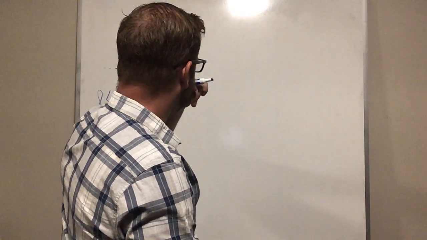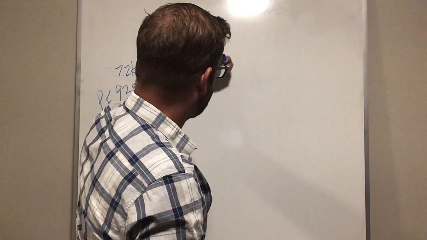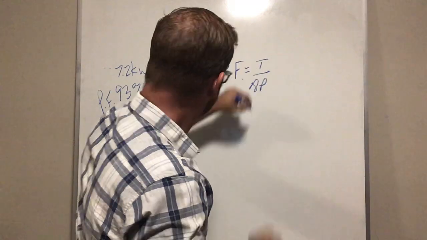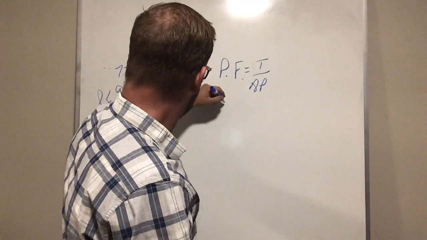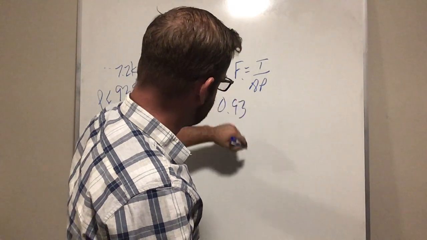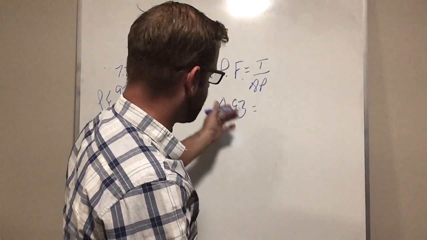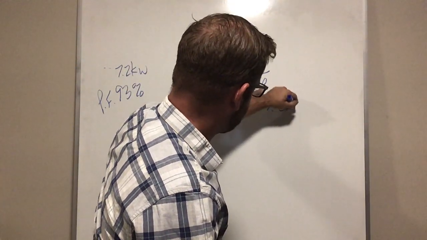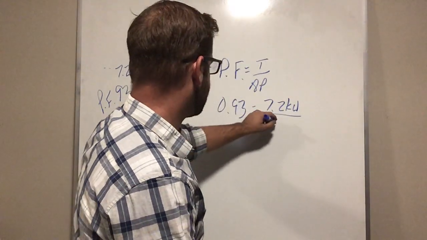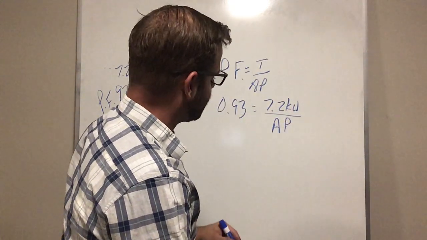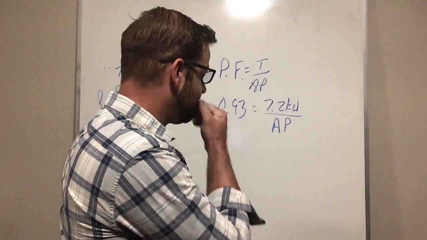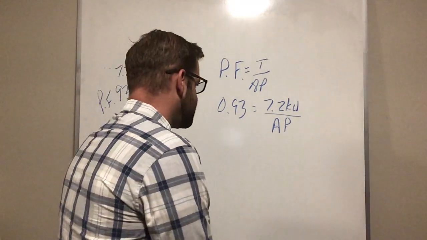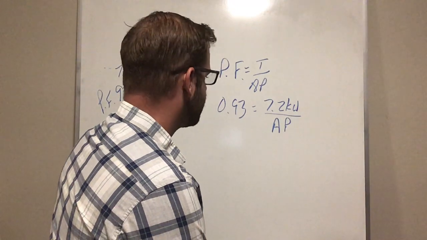And as we said before, power factor is true power over apparent power. We have a power factor of 0.93, or 93%. We have a true power of 7.2 kilowatts, and we have an apparent power that is unknown. Get all of this rearranged, so you can use the formula or the triangle if you want, or you can cross multiply.